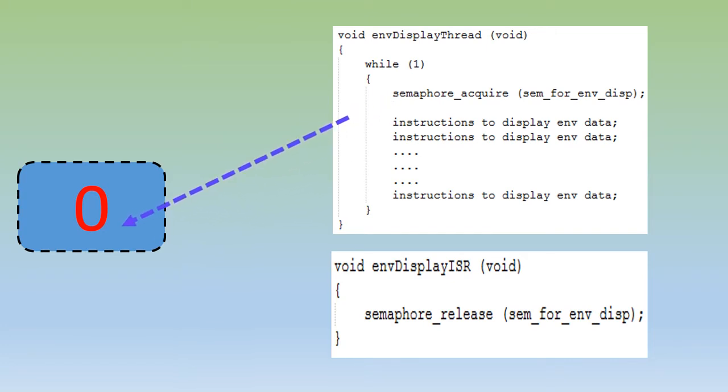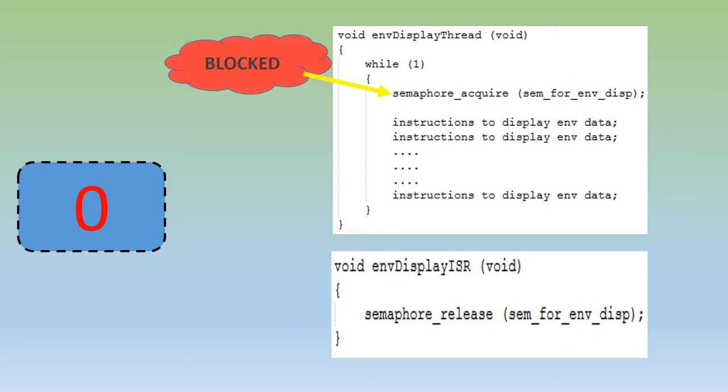Since the semaphore was created as not available, this thread gets into a blocked, or waiting, state, waiting for an interrupt to trigger, requesting the display of environmental conditions. So the thread is blocked at this point.